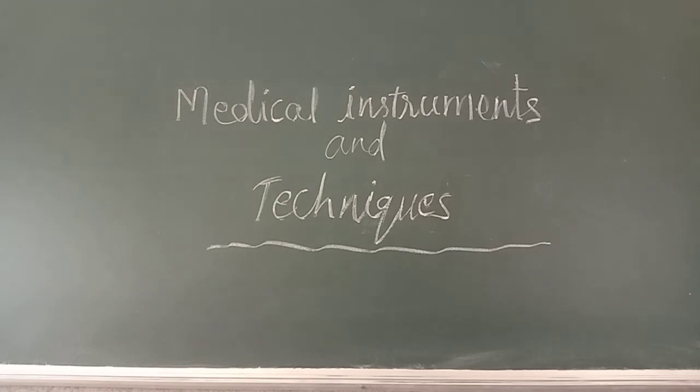It consists of a battery. This battery is mostly made up of lithium. So the lithium battery is present in the generator, and the generator is kept inside a box. And this battery supplies the power, the electrical current, to this artificial pacemaker.